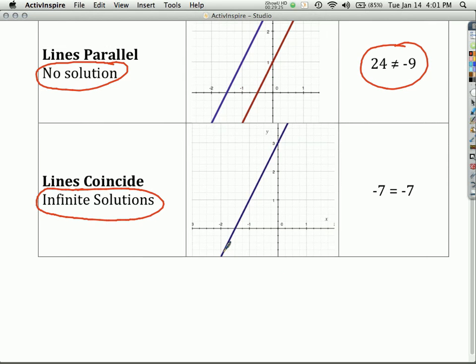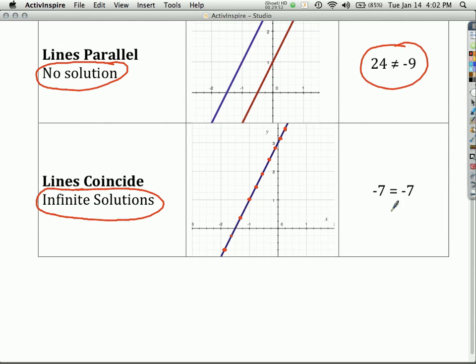Remember, if these are two lines on top of each other, then those two lines are touching right there, and right there, and right there. They're touching everywhere. And everywhere it touches is a point of intersection. And that will continue on forever going up, and it will continue on forever going down. And that's why we use the word infinite.